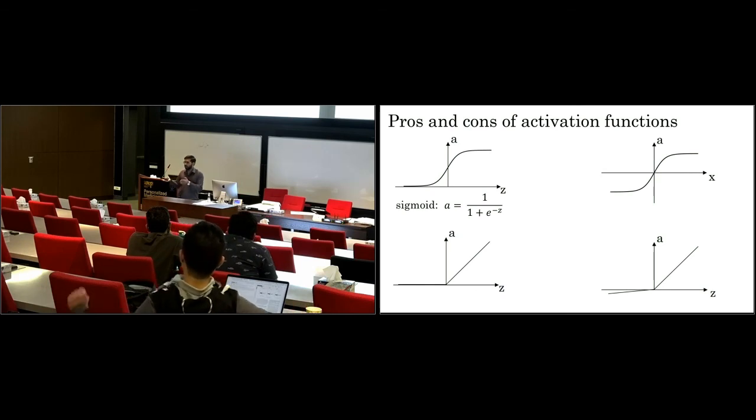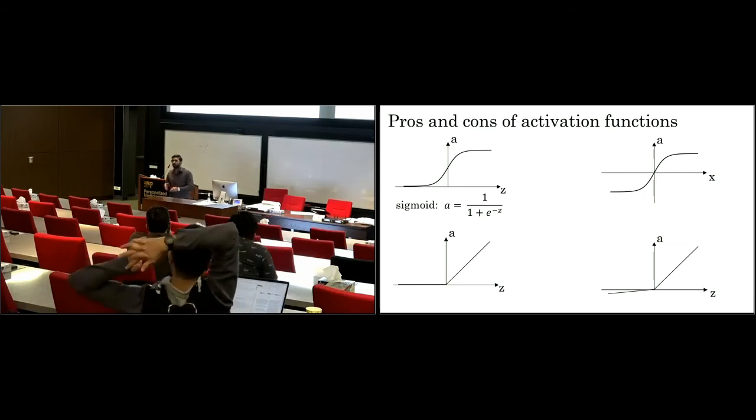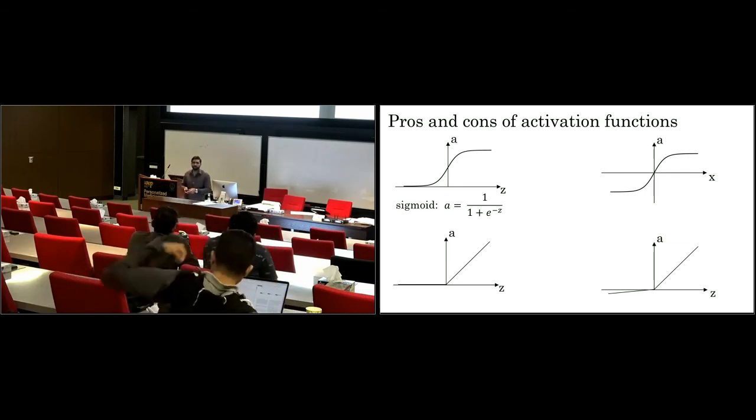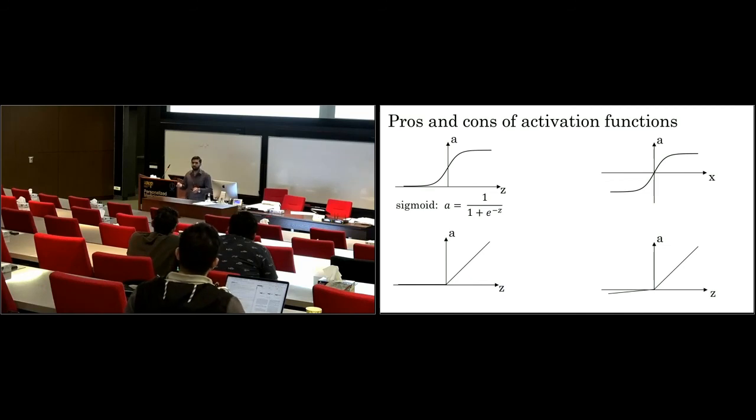Gradient descent and stochastic gradient descent, right? And what do these algorithms use? What does gradient descent depends on? The gradient, right? The derivative. And what is wrong with sigmoid in terms of derivative? If you look at the derivative of sigmoid, how does it look?